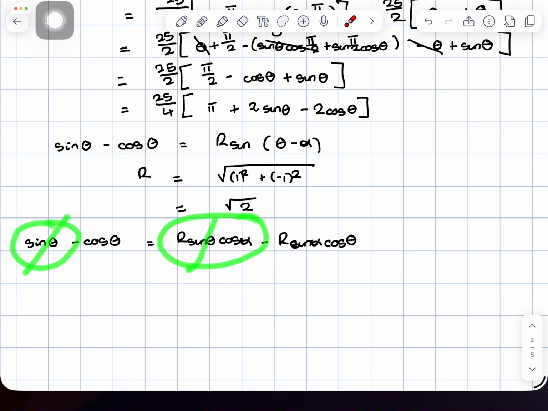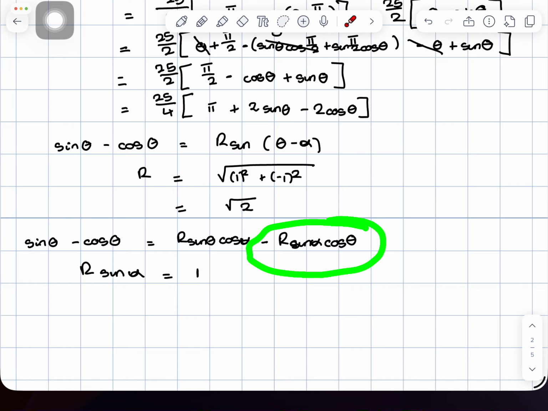So I'm going to be left with R cos alpha equals 1. I'll do the same thing. I'll compare this one, minus R sine alpha cos theta, and minus cos theta. So cos theta and cos theta will cancel. This minus will cancel that minus. So I'm just left with 1 this side.